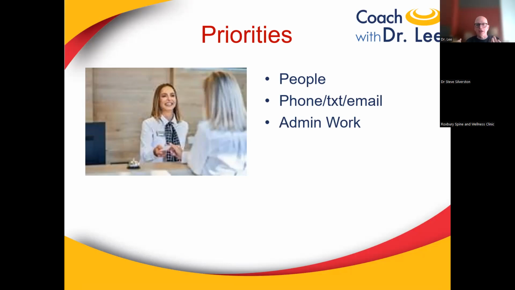And as a new patient is walking in, my priority would be to pass on the 18-minute hold phone call and to take the new patient or even an existing patient as the top priority. So this is an important slide to be thinking about. People, live people, not live, and then all the administrative work.